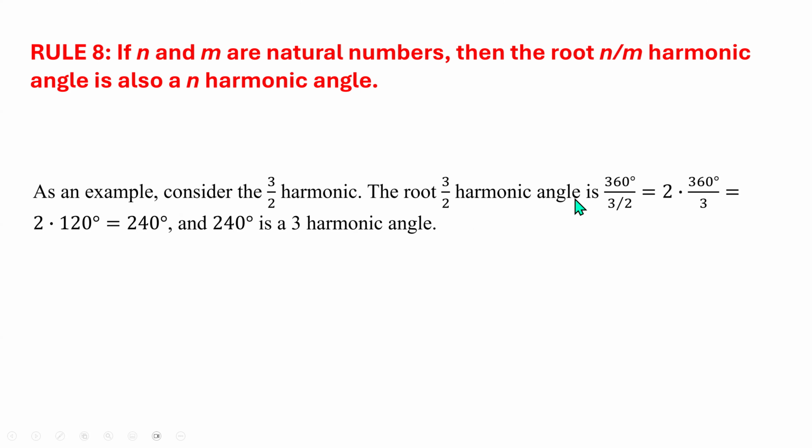The root 3/2 harmonic angle is 360 degrees divided by 3/2, but you can flip this fraction, rewrite this as 2 times 360 degrees over 3. This is going to be 2 times the root 3 harmonic angle, which is 120 degrees. 2 times that gives us 240 degrees, and of course 240 degrees is a 3 harmonic angle.